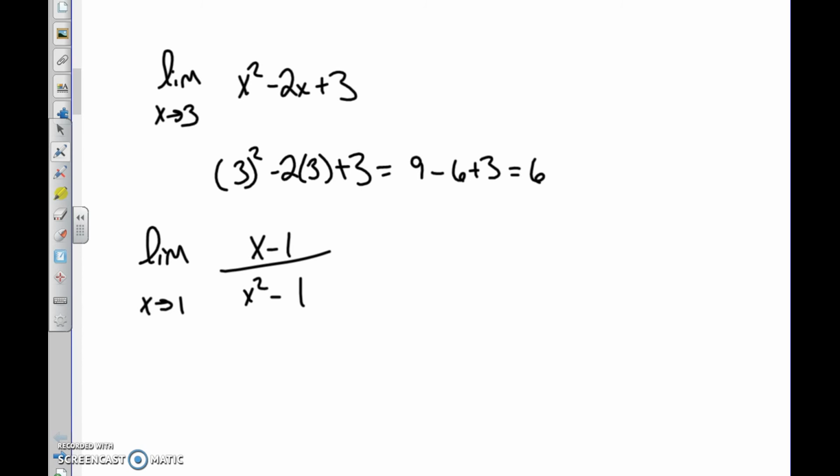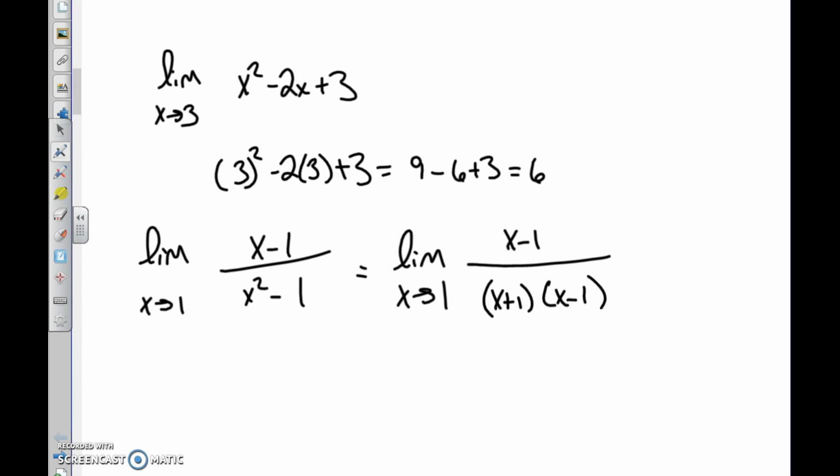So let's rewrite this in terms of linear factors. So we still have the limit as x approaches 1, because we can't evaluate it since it causes a problem. So that would be x minus 1 over x plus 1 times x minus 1, because that's the difference of squares. Now we can see here what's going to happen. We can actually cancel that.